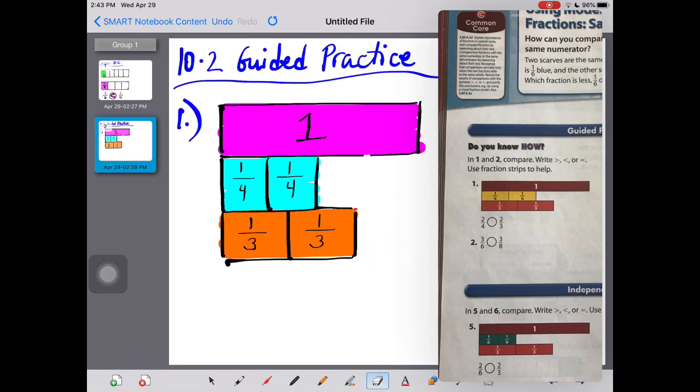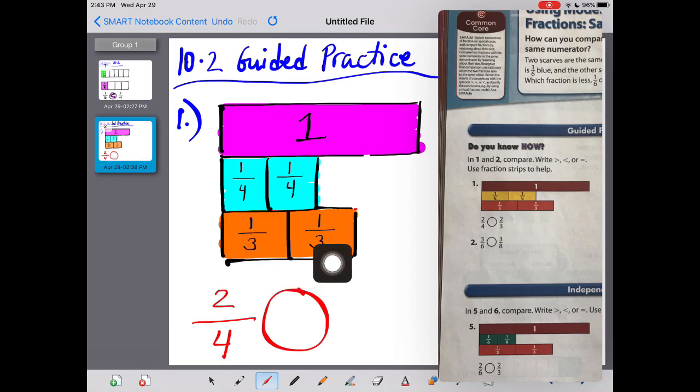All right, so what is represented here? Well, we have 1/4 plus 1/4, so that would be 2/4, right? So we want to compare 2/4 and see if it's less than, greater than, or equal to the other fraction. We have a third and a third, so that's 1 plus 1 is 2. We have 2/3.